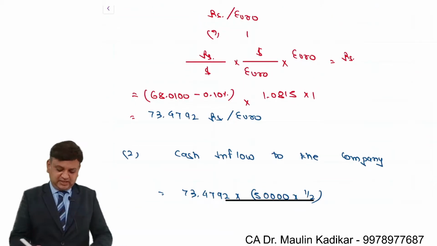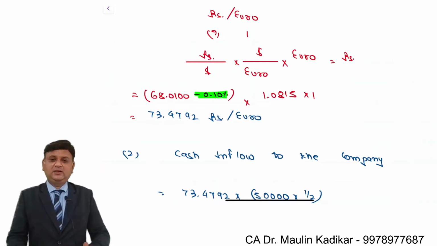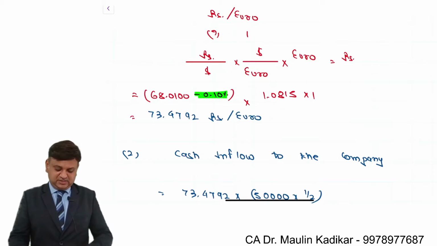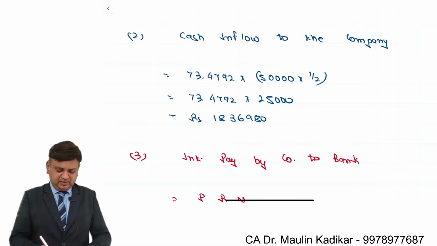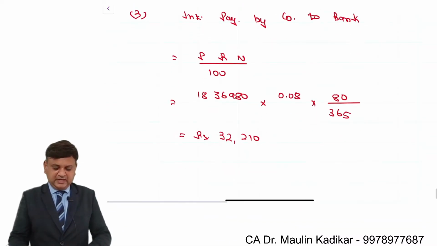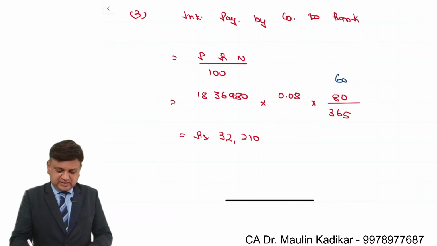In calculation of the exchange rate, the margin is required to be considered only once because that is our domestic currency. Cash inflow to the company is very simple because this is the amount of the loan which the company is getting, and interest for a time period of 80 days, that is 60 days plus 20 days, is required to be found.